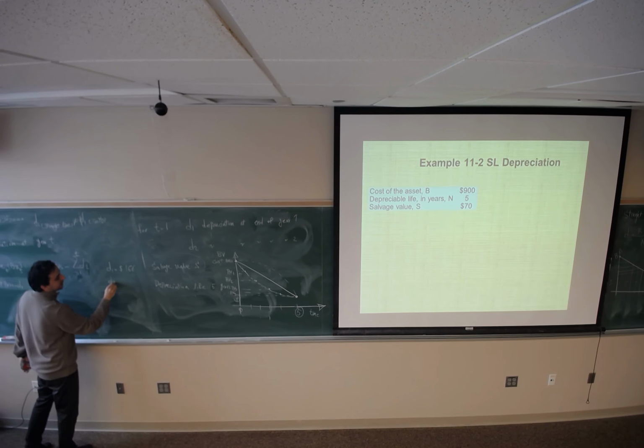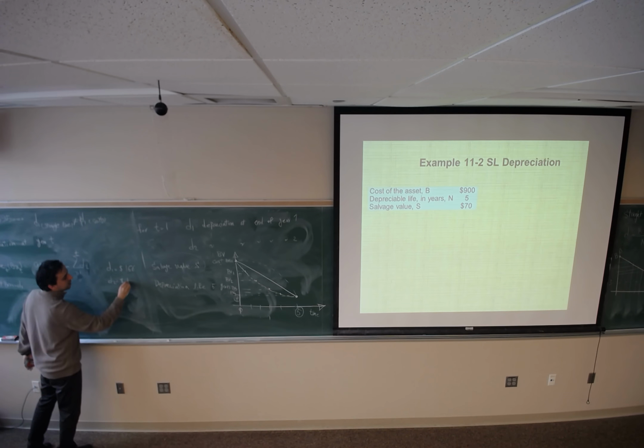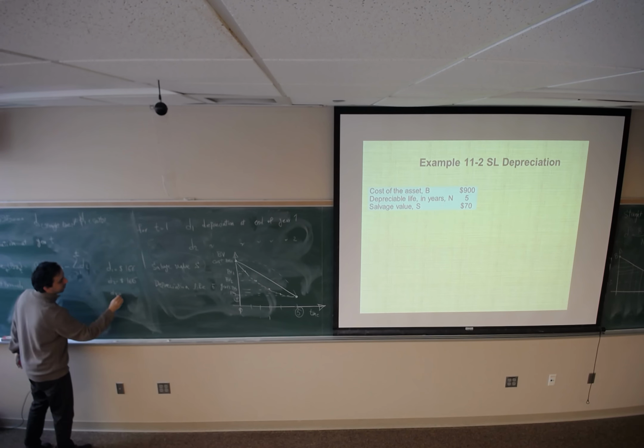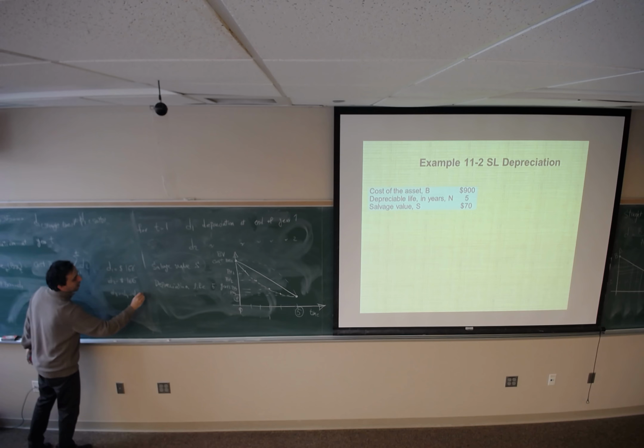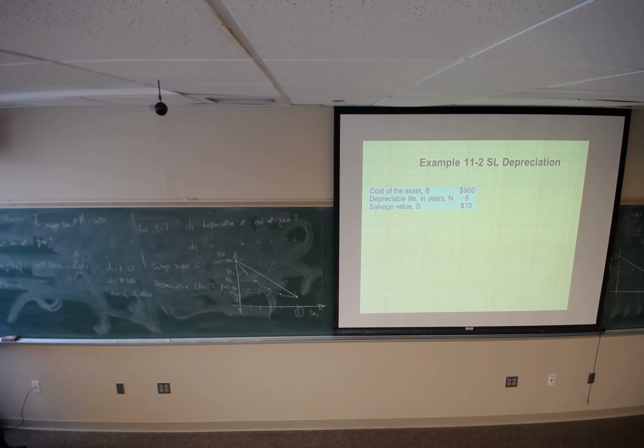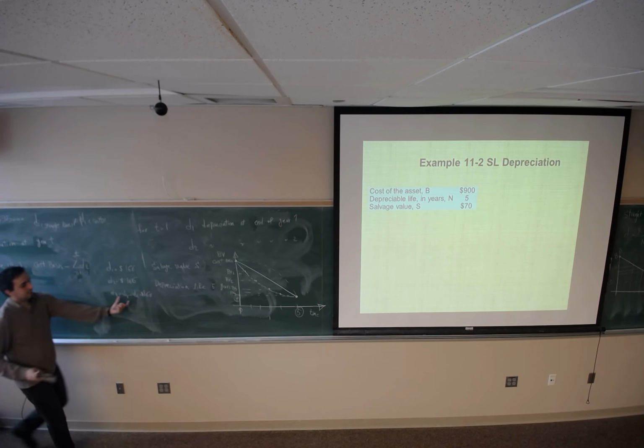On the second year you can decrease your taxable income by the same value. D3, D4, D5, it's going to be $166. And after year 5 you cannot depreciate or lower your taxable income.